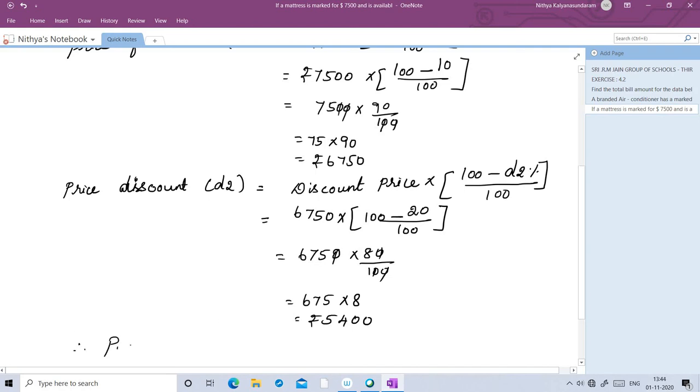Therefore, the price after discount D2 is rupees 5,400.